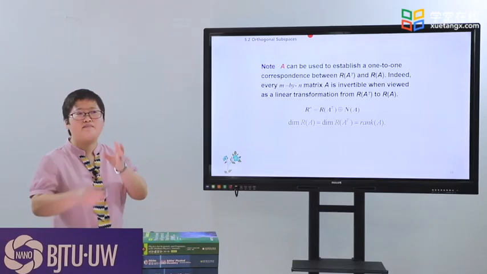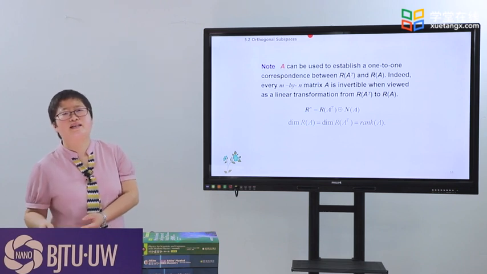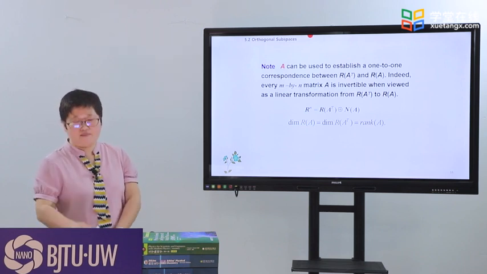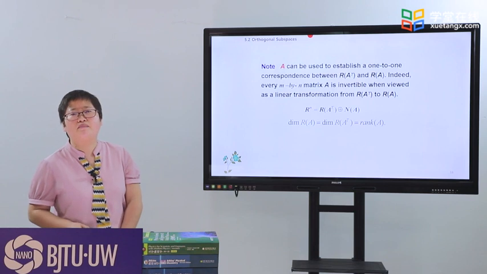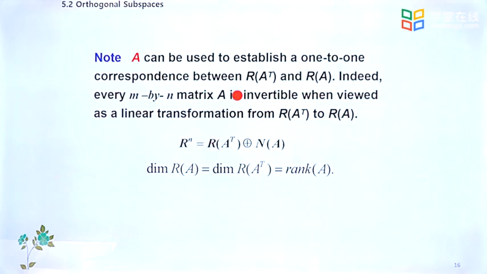It may happen that many vectors have the same image. However, if you consider the correspondence between only R(A transpose) and R(A), you get a one-to-one correspondence.